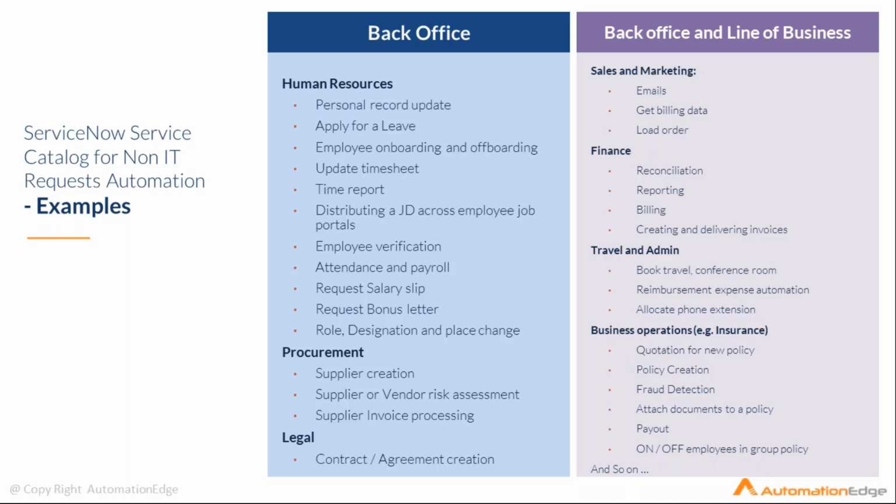The branch offices can use the ServiceNow console, and once they enter the information to get a quotation for, say, a fire insurance policy, the AutomationEdge bot at the back end can read that request from ServiceNow, create a quotation, and send it back to the agent sitting in the branch office, who can hand it over to the person walking into the branch. So that's how end-to-end automation, even for branch operations, can be done using ServiceNow and AutomationEdge together.